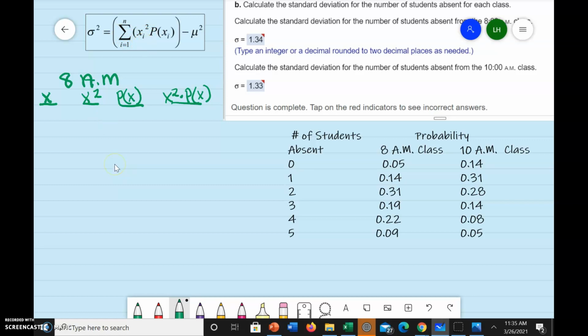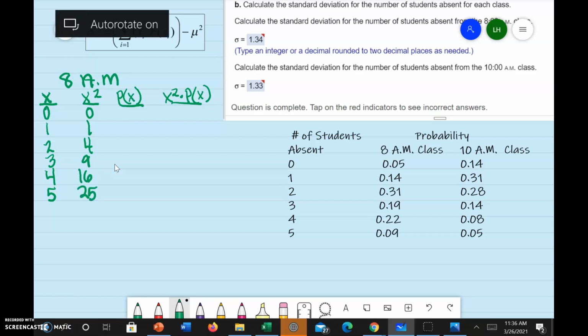Let's do that first for the 8 a.m. and even for the 10 a.m., the x squared will be the same because x is the same. So square each one of those: 0 squared, 1 squared, 2 squared, 3 squared, 4 squared, and 5 squared.